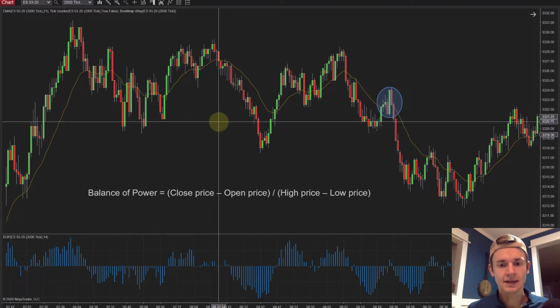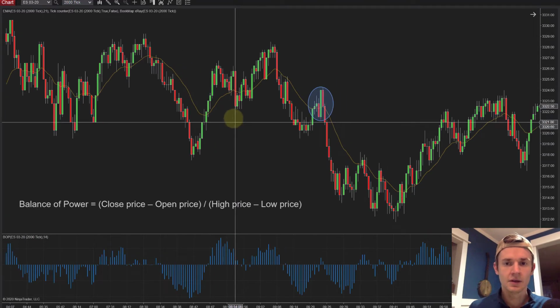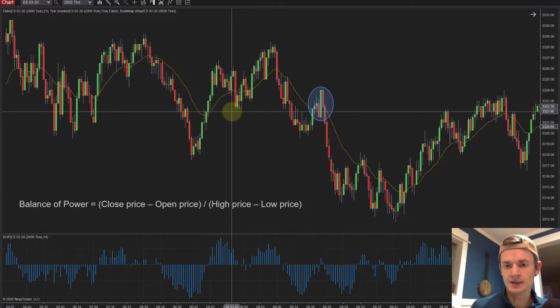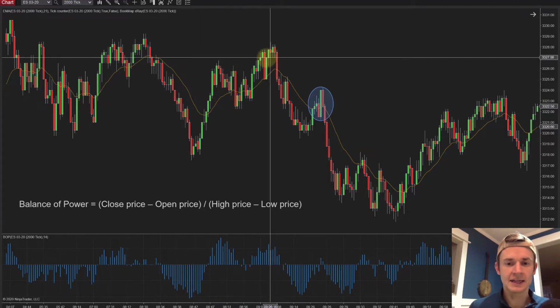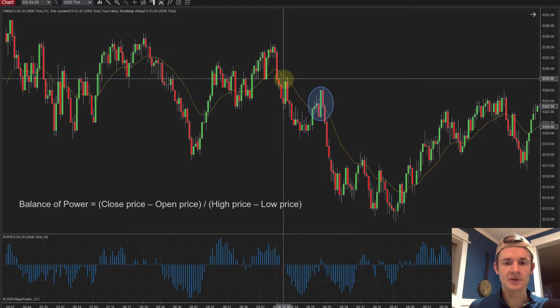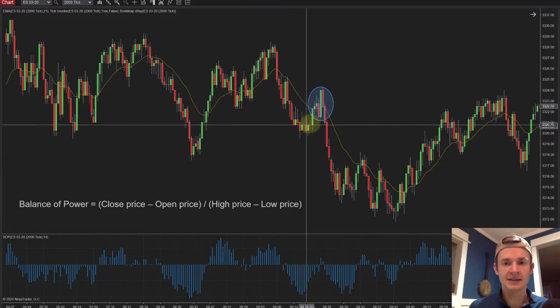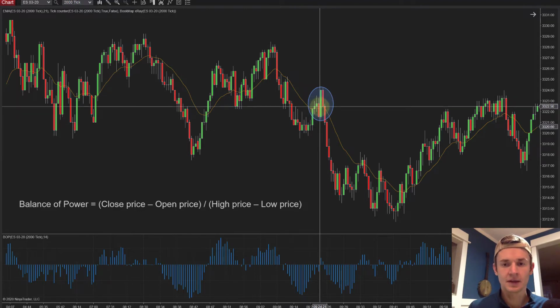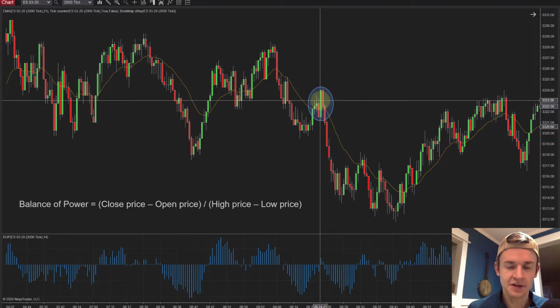As we go over further, you get a continuation of the balance of power here. Price starts moving down again. Balance of power was up, but as price starts moving down, balance of power is moving down too. Then it pulls back into this EMA level, but during that pullback there's not much of a shift in the balance of power.